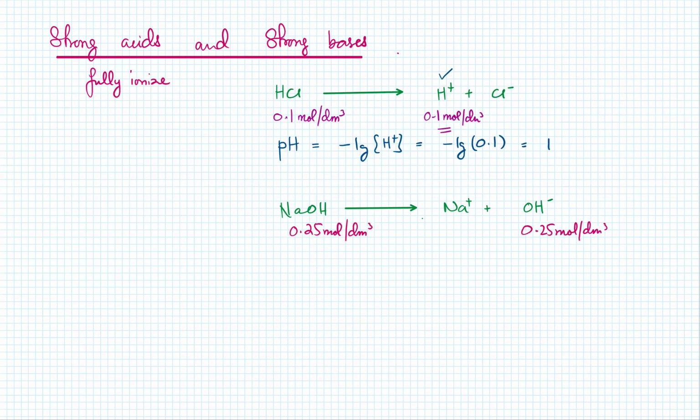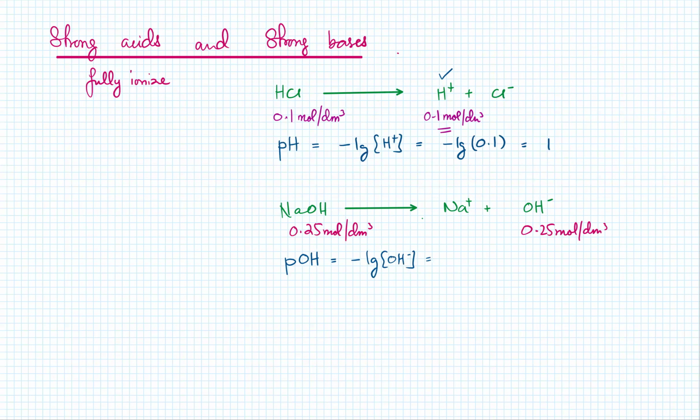Now the problem here is I can't find pH, right? The reason I can't find pH is there is no H plus, at least in the reaction. So I'm going to find pOH instead. Is that clear? pOH is the negative log of the concentration of OH ions.